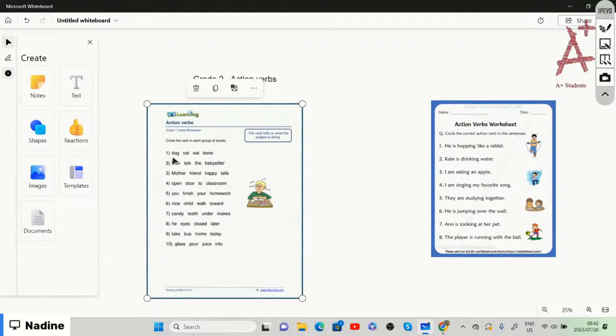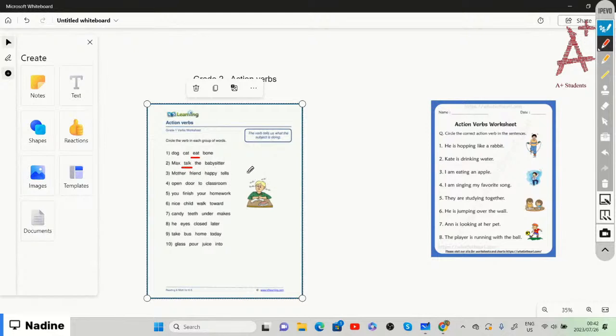The first one is dog, cat, eat, bone. We need to select the verb within that group, right? And if we select the verb within that group, then we can say eat is the verb because it tells us what the subject, what the noun, is doing. Max talk to the babysitter, right? So what is the subject doing? Talk. Talk is our verb.